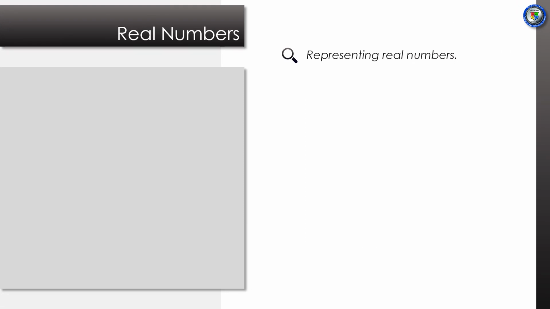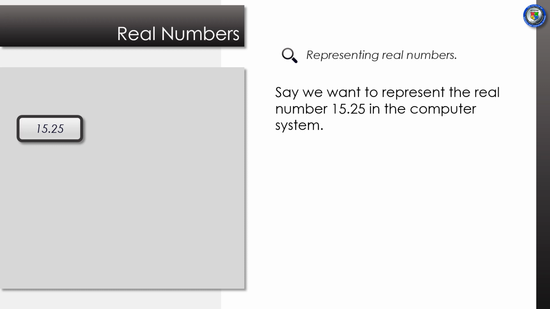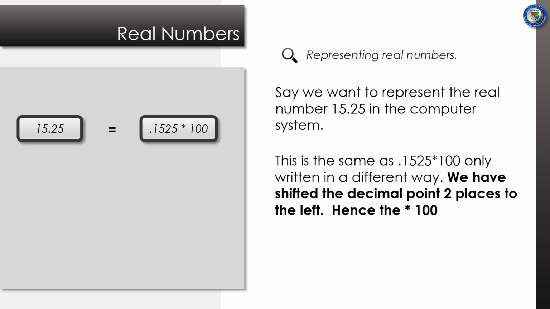To start with, let's look at some basic number conversions. Say we want to represent the number 15.25. We could say that this can be written as 0.1525 times 100, only written in a different way.